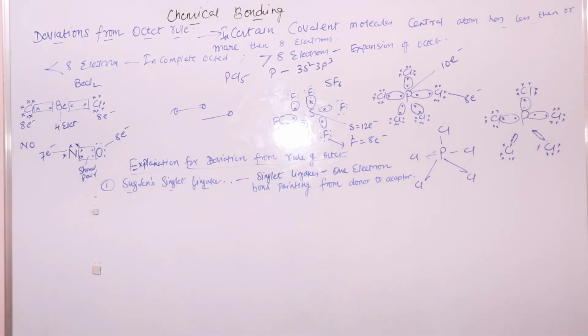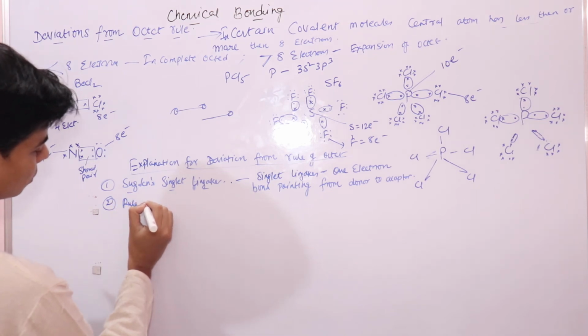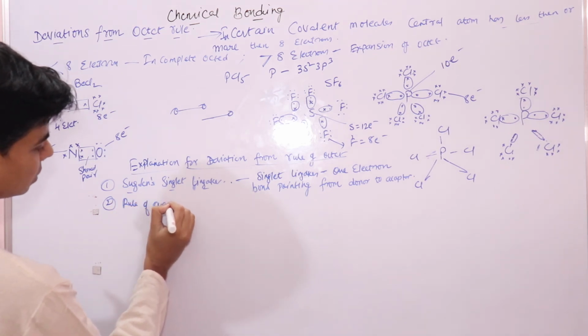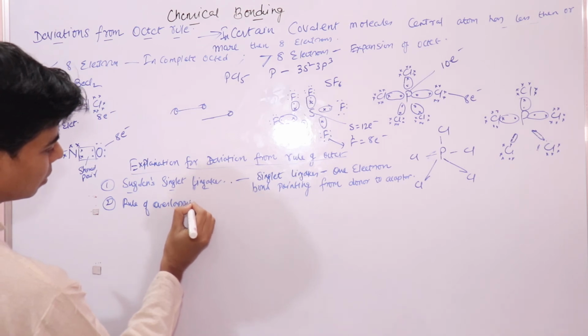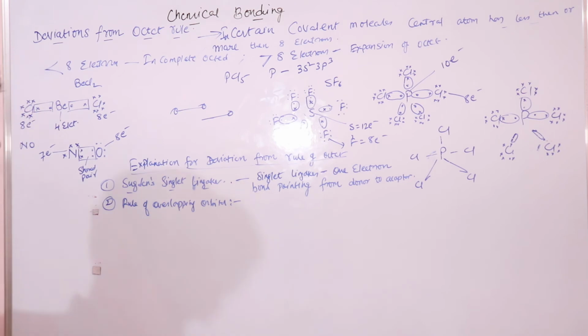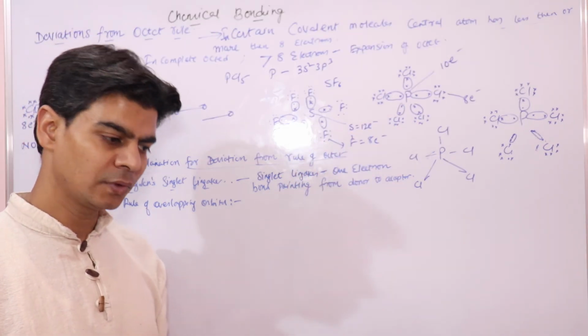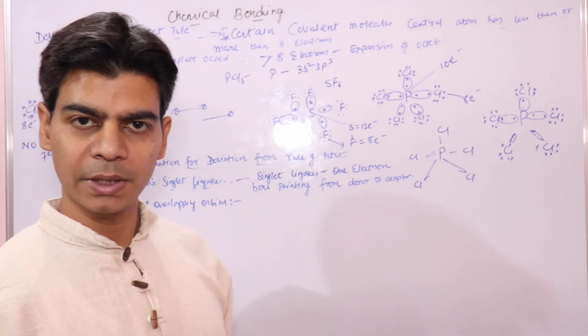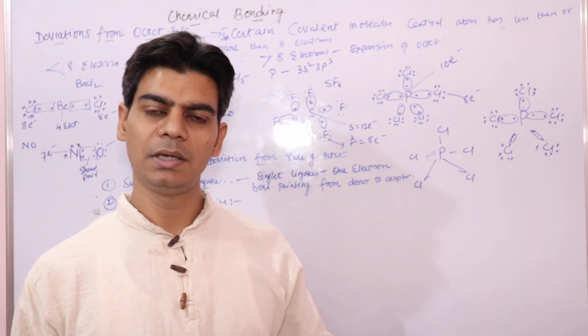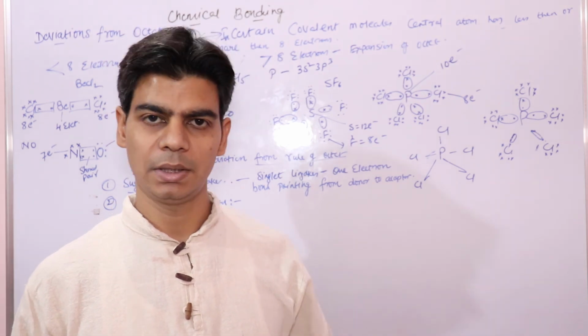So as per the rule of overlapping orbitals, all those central atoms that have vacant d orbitals can use their vacant d orbitals to expand their octet, that is, to have more than 8 electrons.